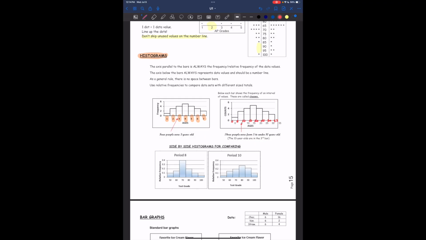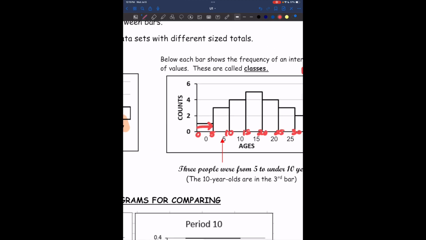This is nice when your data is more spread out. You can make these things called bins. So a bin is just a range of values. It always starts at this number and goes up to the next one. So this bin right here contains 0 up to like 4.999, right?